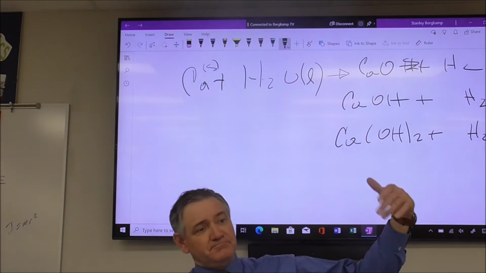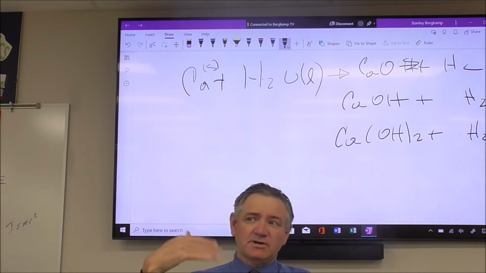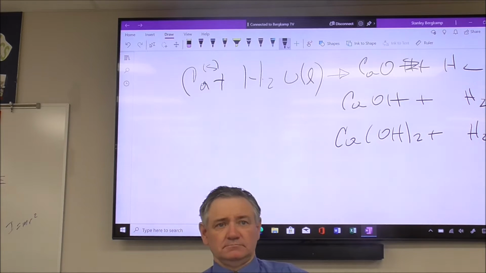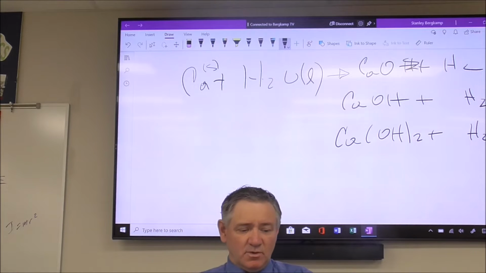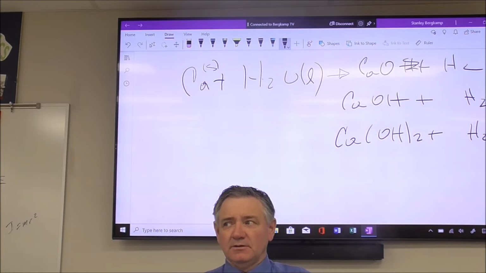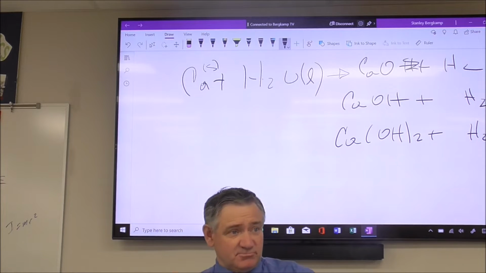Phenolphthalein turns magenta in basic solution. What would happen if we produced hydroxides? What would that color change to? Yeah, it would turn magenta. It would look like Addie's sweatshirt.